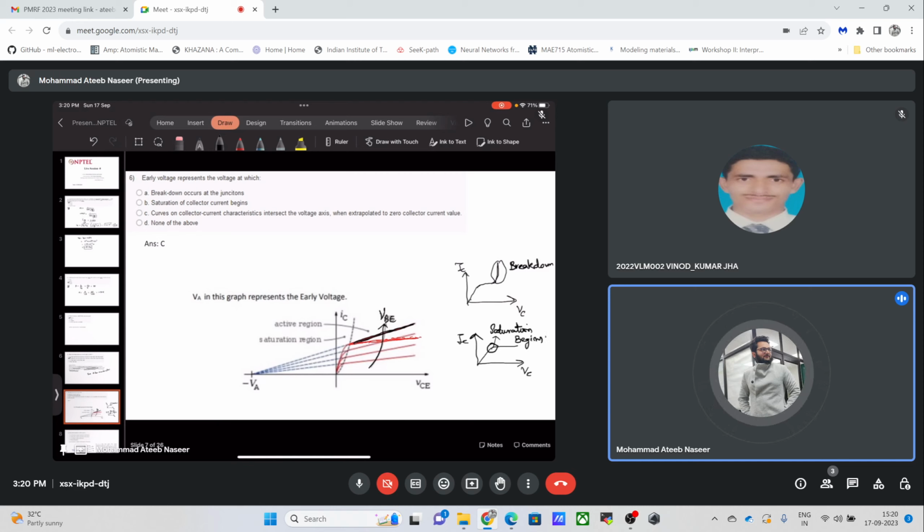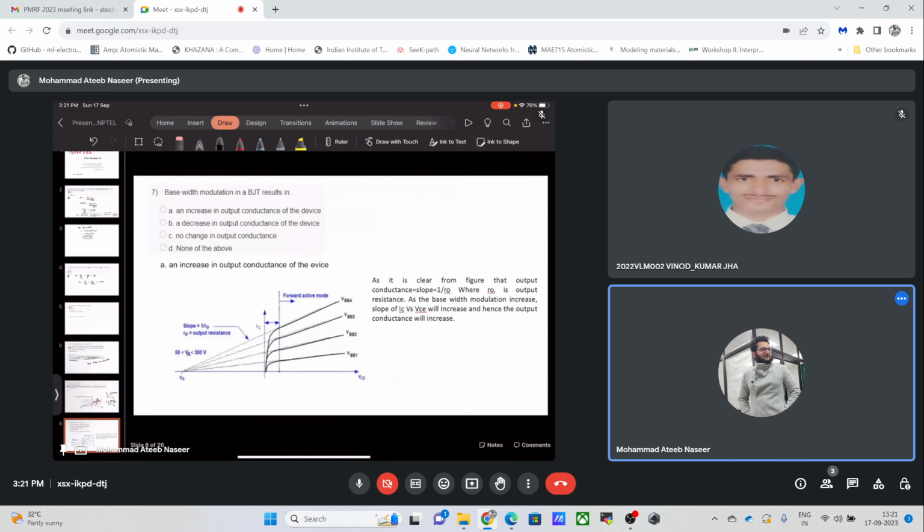Statement C says that the curves on the collector current characteristic intersect the voltage axis when extrapolated to zero collector current value. So it simply means that we are looking for the point where this collector current will be zero at a particular collector to emitter voltage. So option C is the correct option to go with.